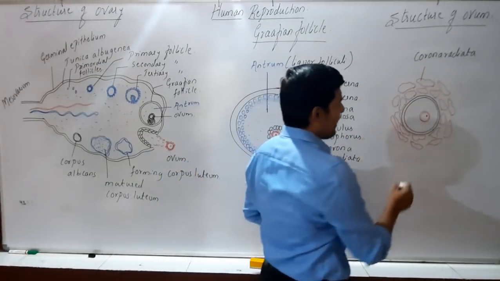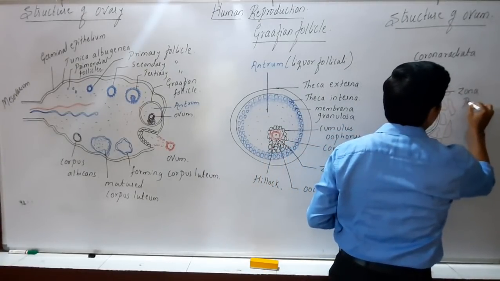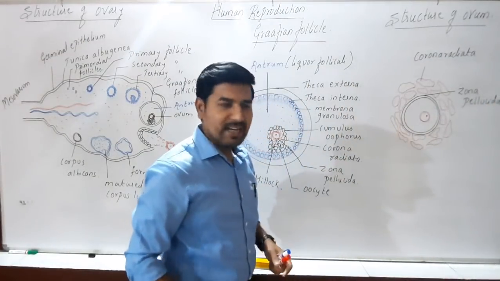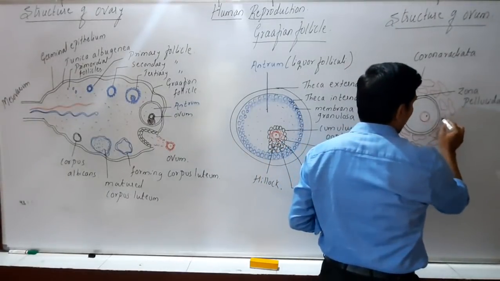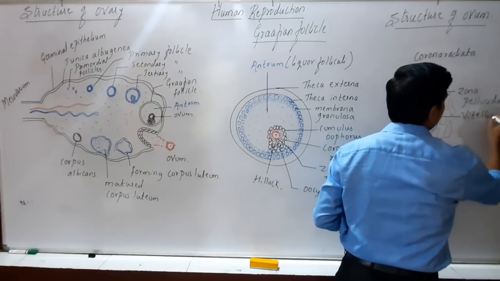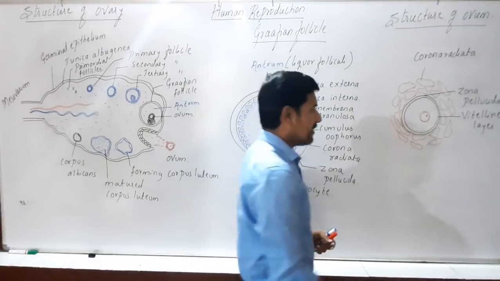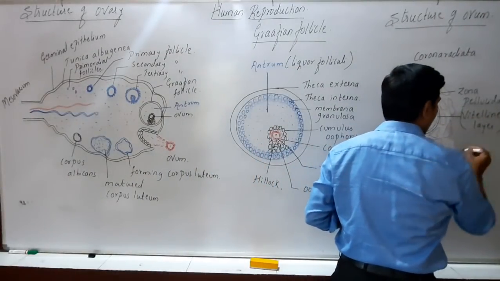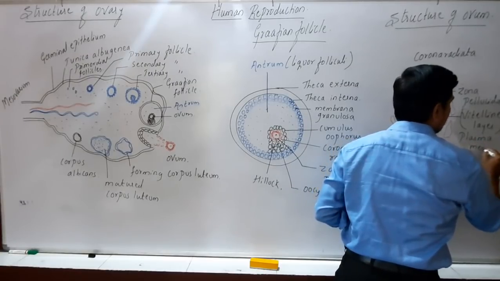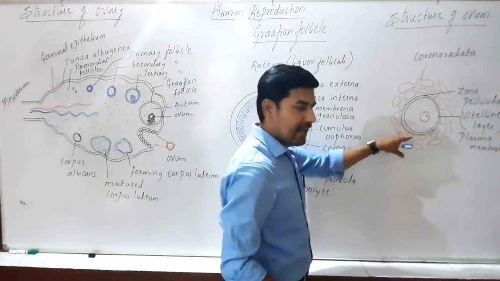Below the corona radiata, we have a layer called the zona pellucida. Then below this layer we have the vitelline layer, which is also called the plasma membrane, the inner layer.